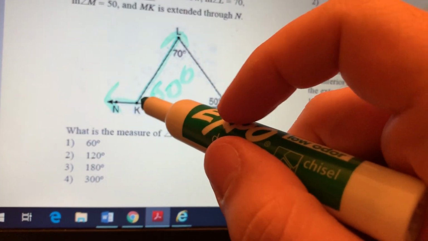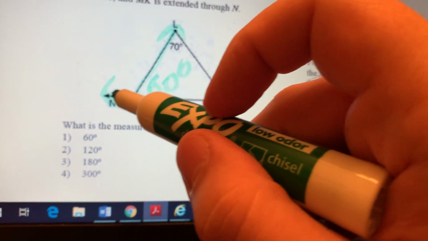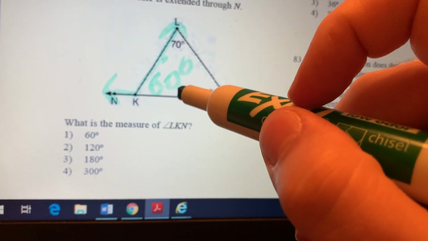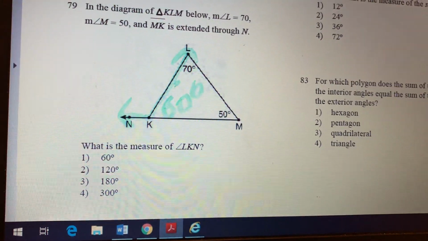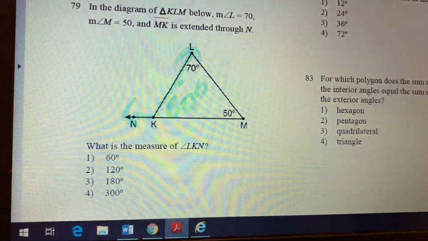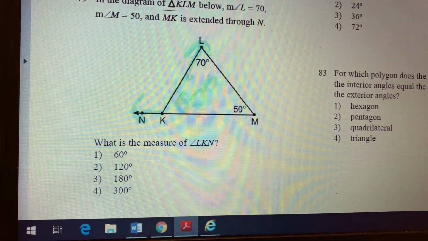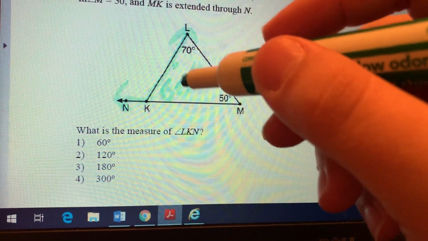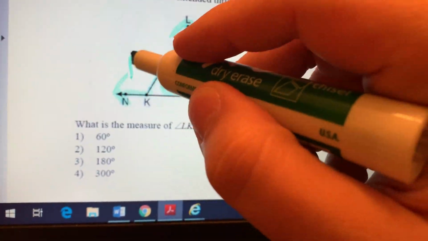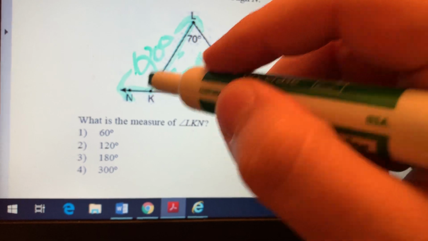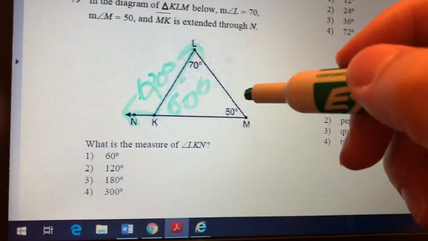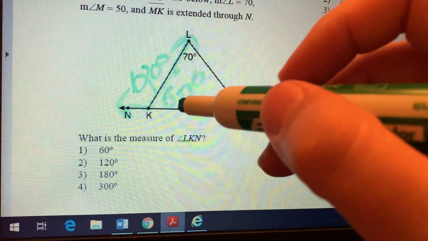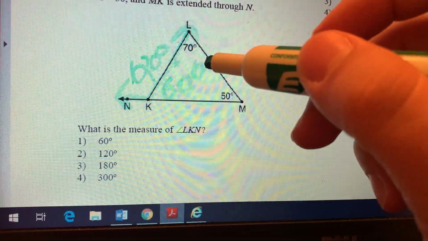When we extend this out, this angle and this 60-degree angle form a linear pair, because they form this line that goes across. So those have to add up to 180 as well. 60 plus what? 120. So this outside angle is 120.